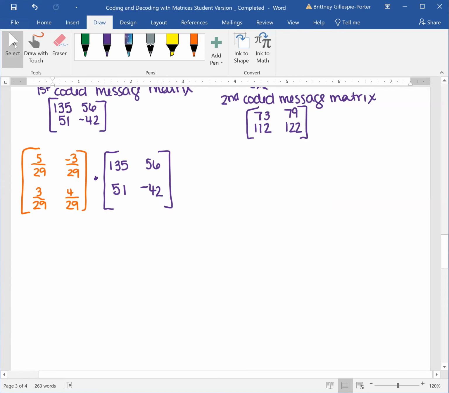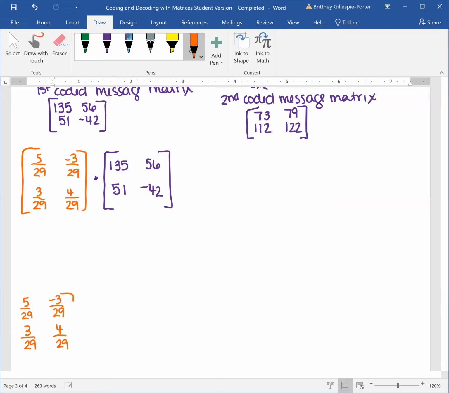I'm going to go ahead and set up my coded message matrix second multiplication, where again, I will have A inverse times the second matrix.